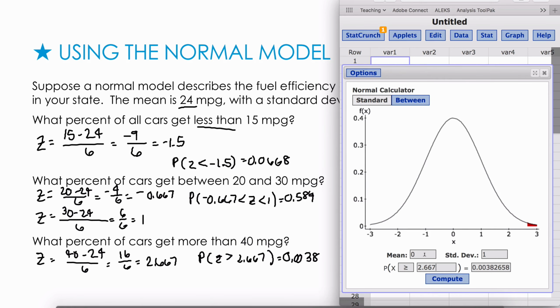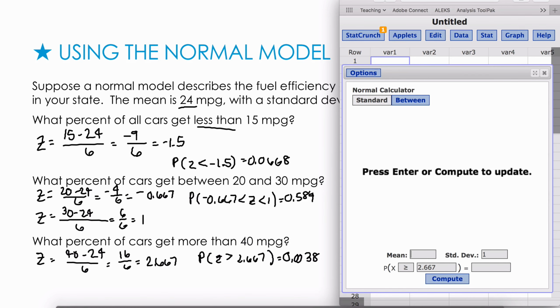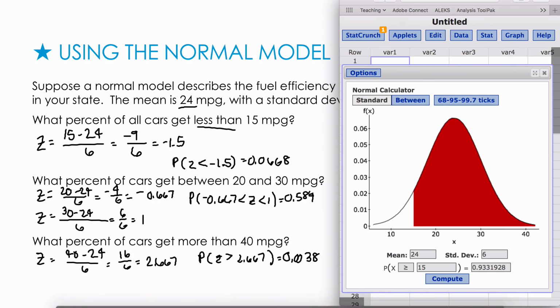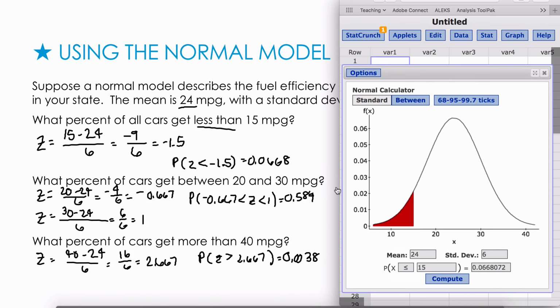So now I want to do all of that again, but I want to use my cheat method without using the z-scores. So here I'm going to use 24 and 6, and then I'm just going to plug all those numbers in again. So instead of negative 1.5, I'm going to plug in 15 and make sure that you change it to go in the proper direction, and notice I get the same value I did before.